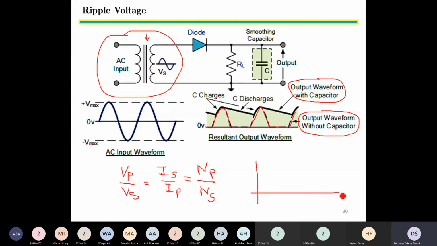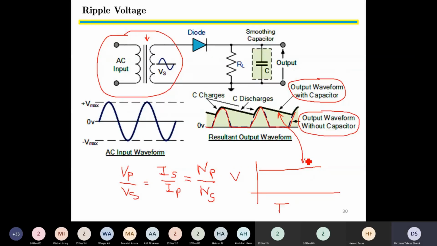Now remember that we need a straight line for our ideal case. The output waveform with capacitor looks much similar to the ideal case. Hence, the capacitor has helped us in reducing the ripple voltage.